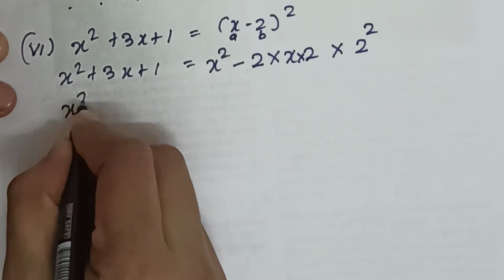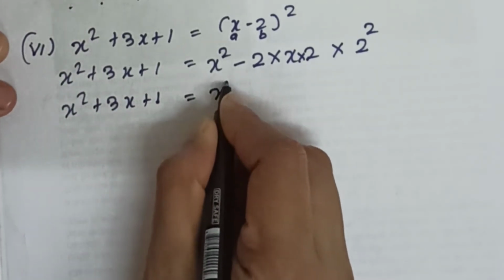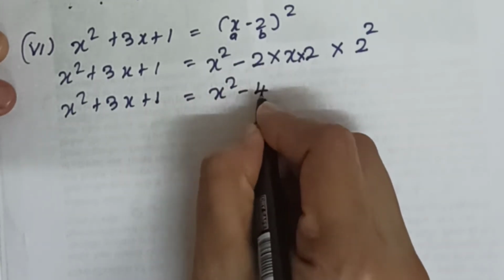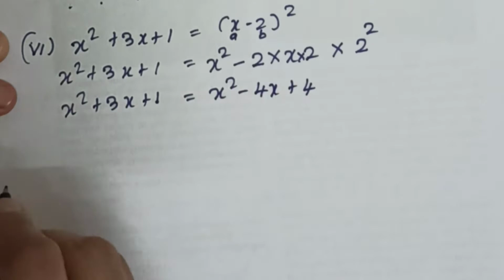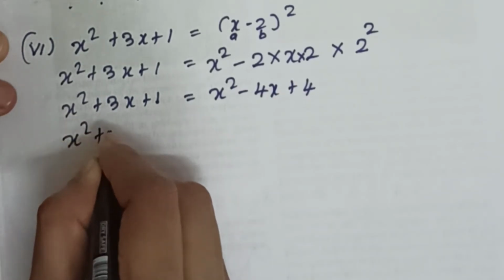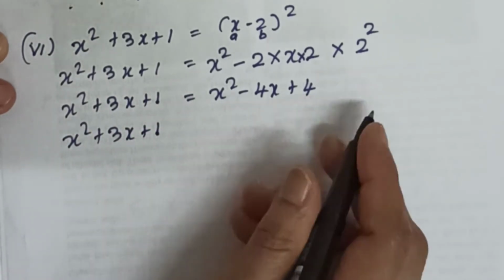Now here we have x square plus 3x plus 1, and right hand side x square minus 2 into 2, minus 4x plus 4. Now we have to bring whatever is on the right hand side to the left hand side.